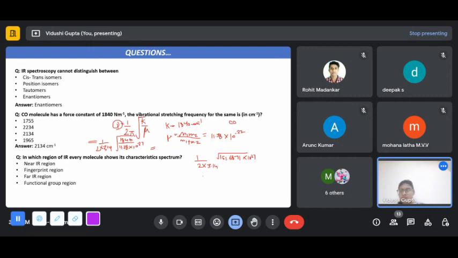So it will be under root 1661.6871. What's the value of this under root?